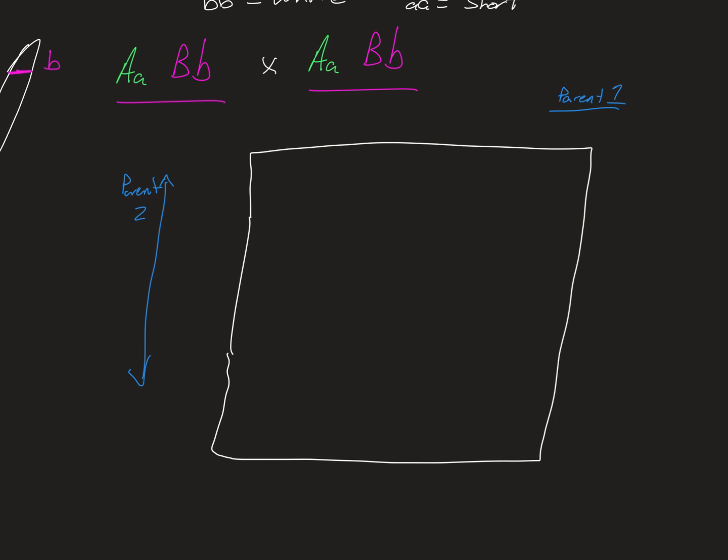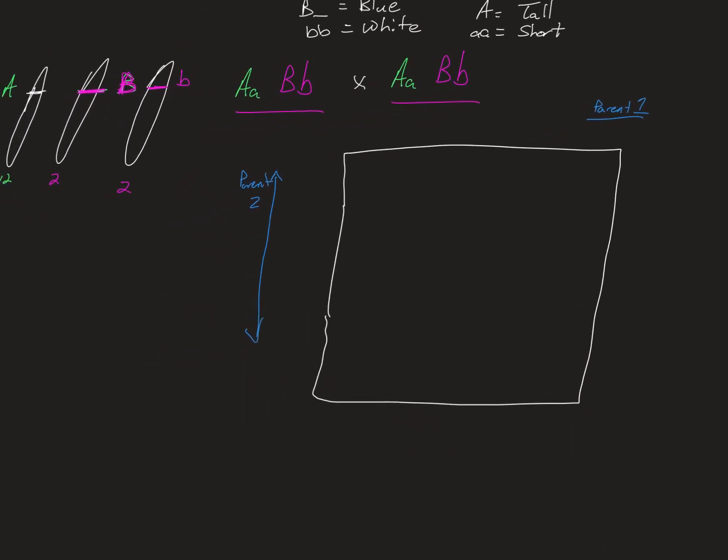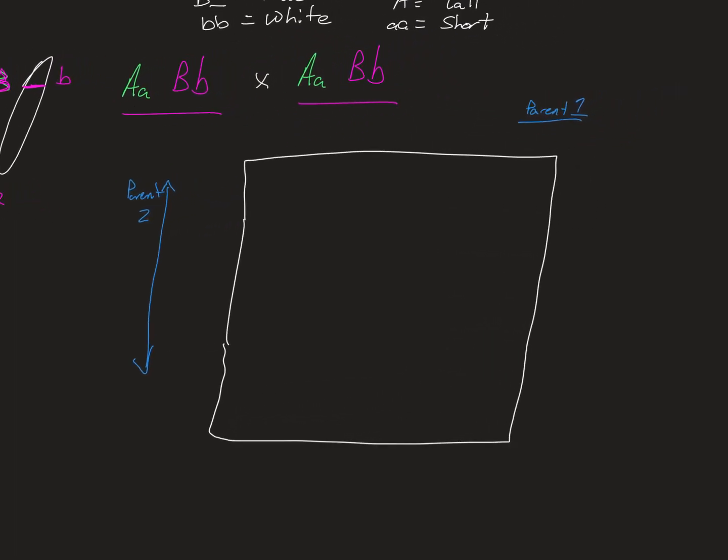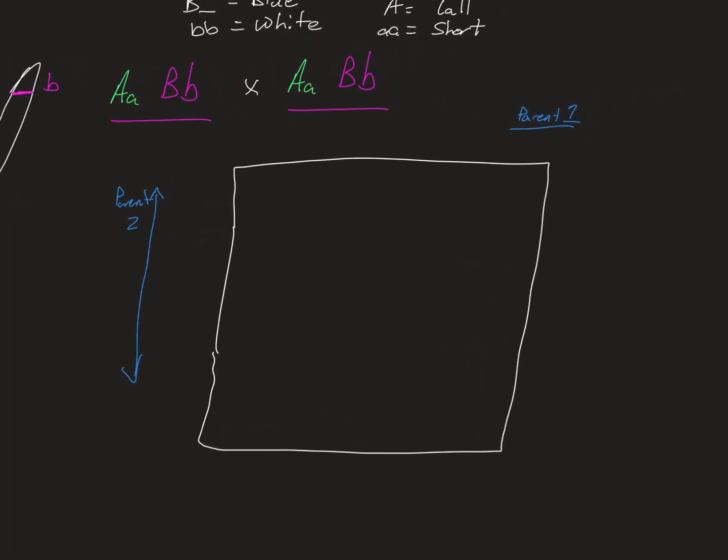Each parent's going to form 4 eggs or 4 sperm for every cell. Every cell starts off with this combination. But then they're going to duplicate their DNA. They're going to mix them up. And then they're going to put one chromosome number 2 and one chromosome number 12 into each egg and each sperm. And how many eggs and sperm are they going to have at the end of meiosis? 4.